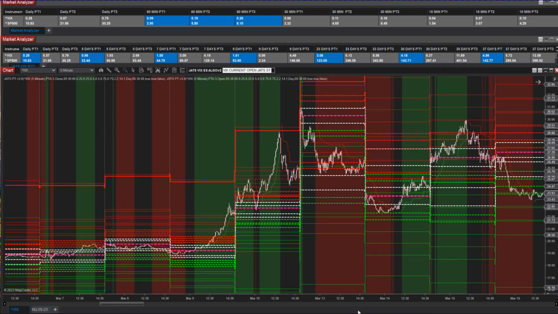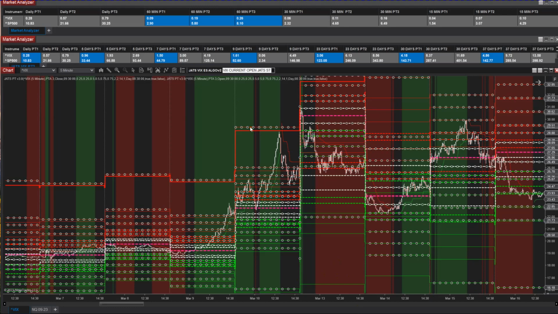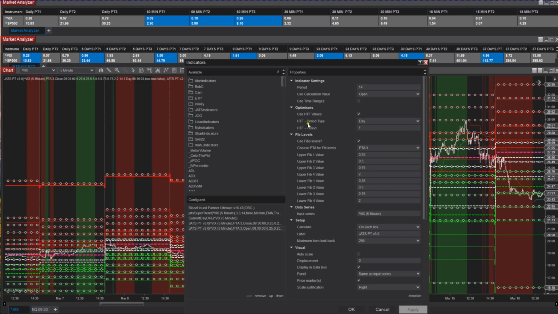JATS PT measures volatility algorithmically according to standard deviations of ranges, and this is daily ranges, and it's really, really in step, I think, with the market. I would recommend using both the open and close because the algos do tend to trade to both of them.